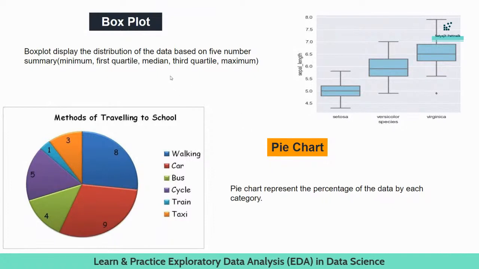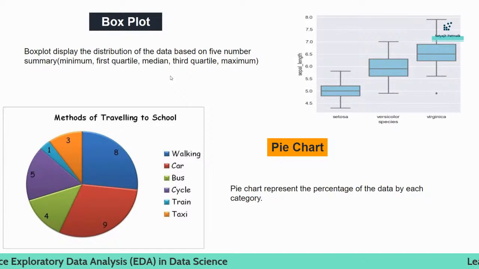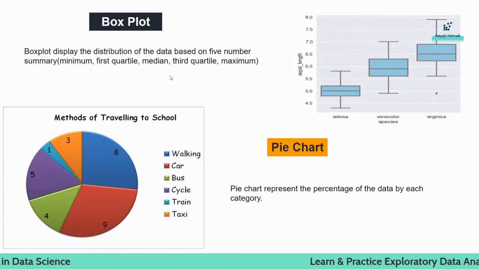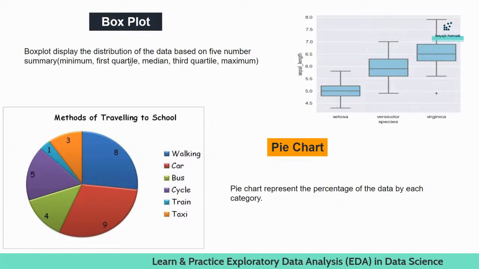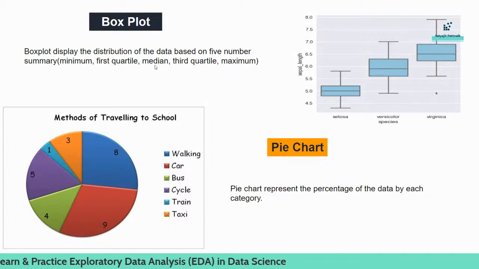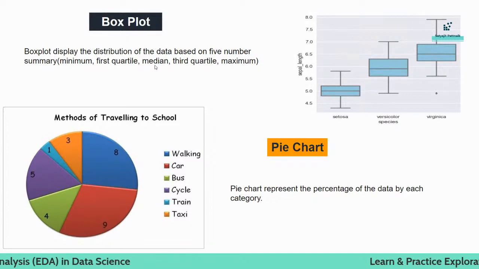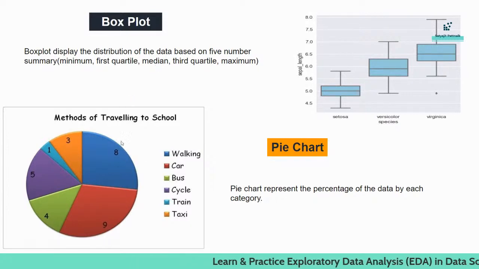Box plots are very helpful because they give you the minimum value and the maximum value in the data, the first quartile Q1, the third quartile Q3, and the median. It also gives you the IQR, which is the interquartile range. Pie chart, many of you might already know.